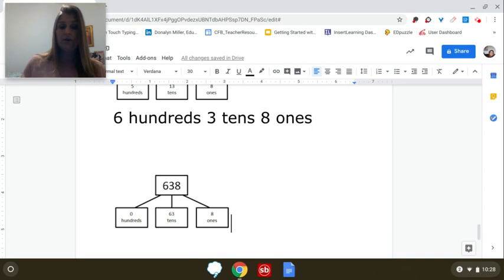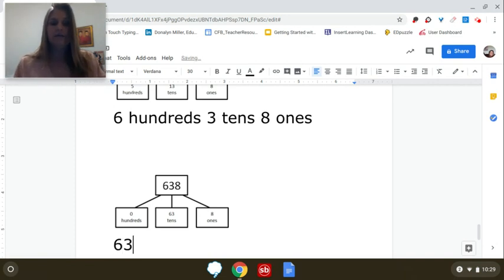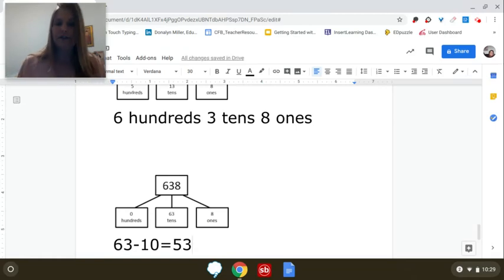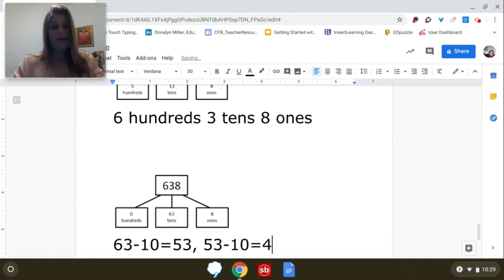Well, I know that 10 tens make 100. So if I took that 63 and I subtracted 10, I'm going to end up with 53. Okay? Now, that's 1 hundred. Well, I can continue to do that, right? Let's see. Let's go 53 minus 10 will give me 43.